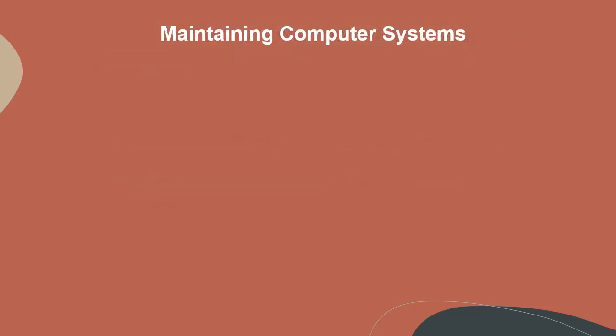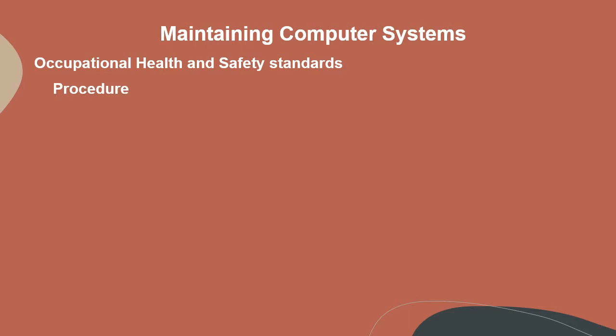To start with our discussion, we have here the occupational health and safety standards. I know you are already familiar with this, but as a reminder again, in maintaining computer systems, it is important to follow the OHS procedures.